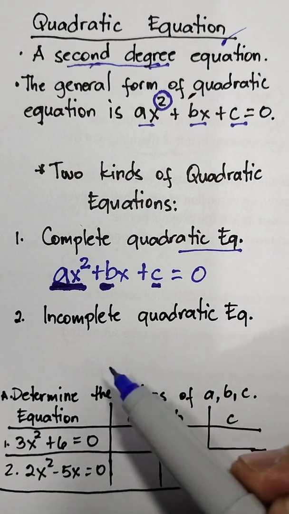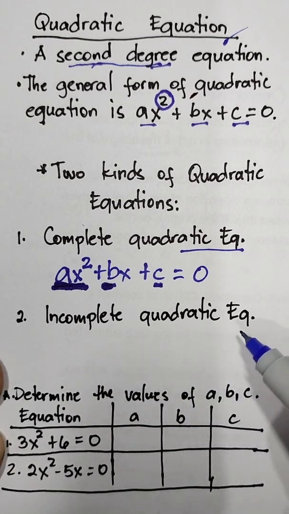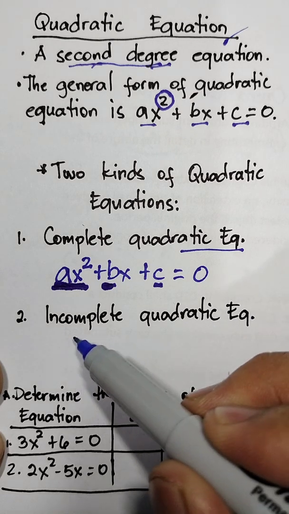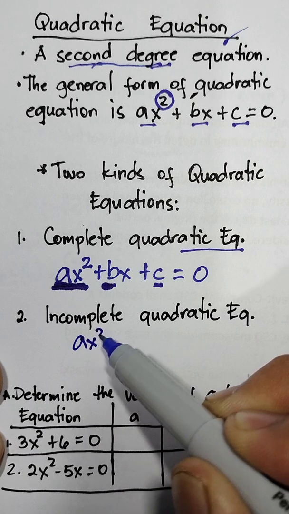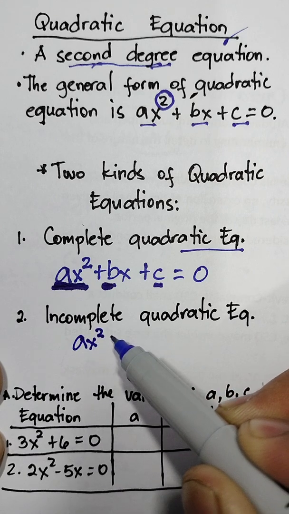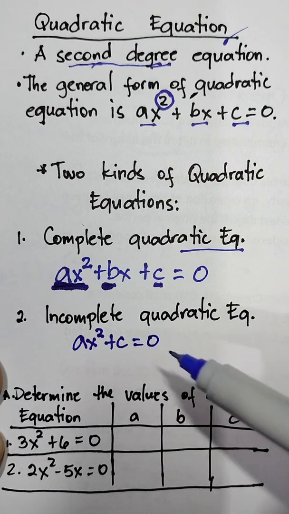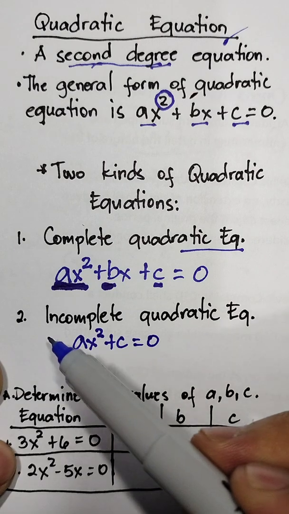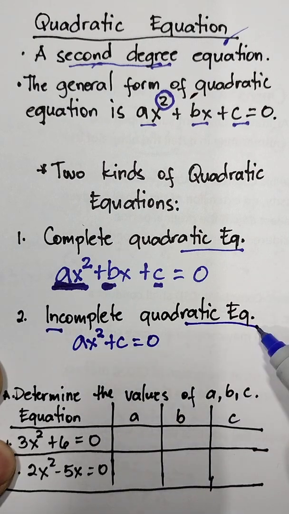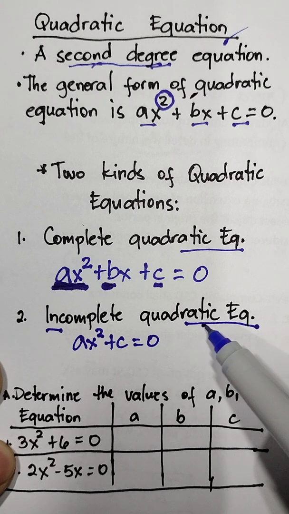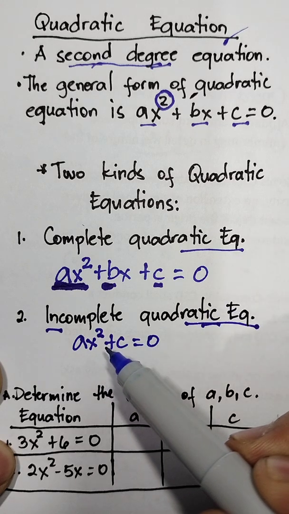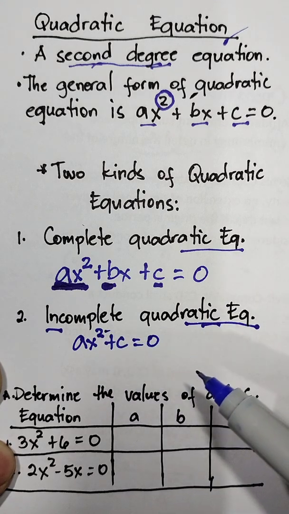How about the incomplete quadratic equation? What are the examples? Number one, we have ax squared plus c equals 0. That is an incomplete quadratic equation, but still it is a quadratic equation because of the second degree exponent.